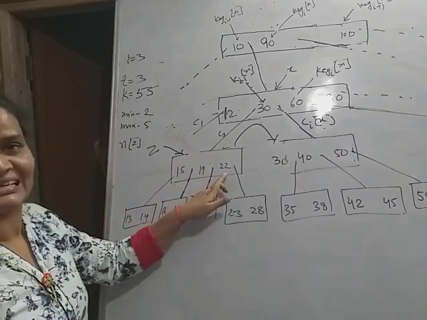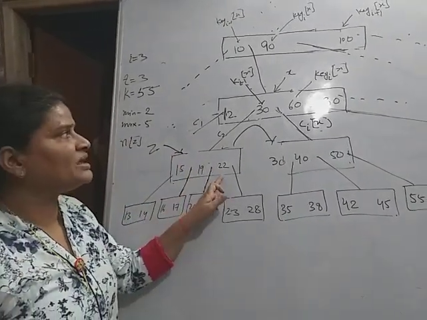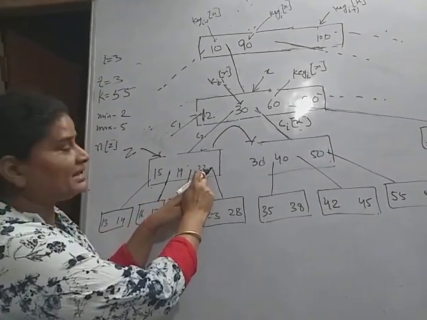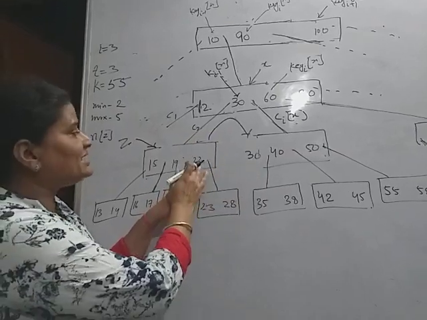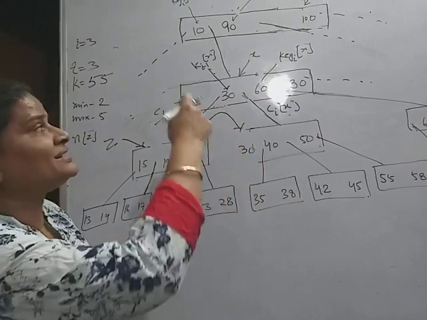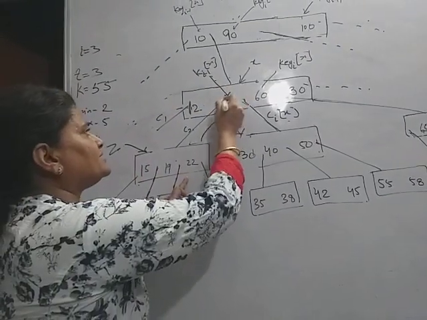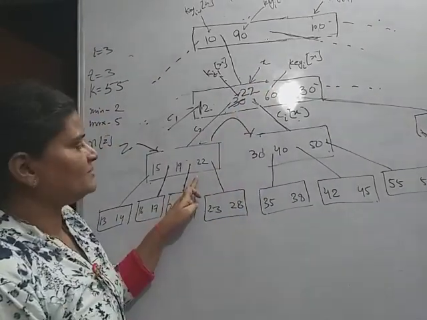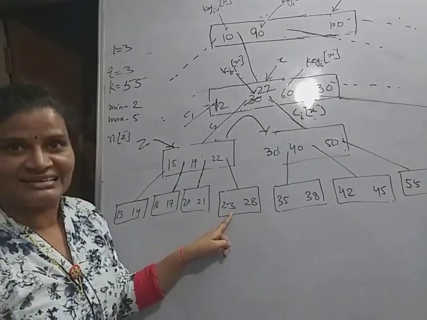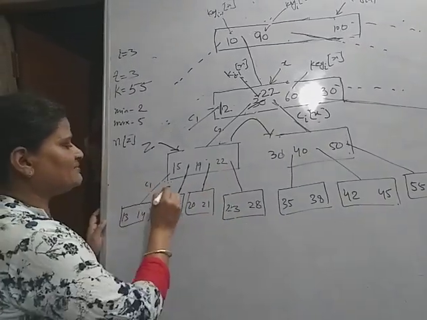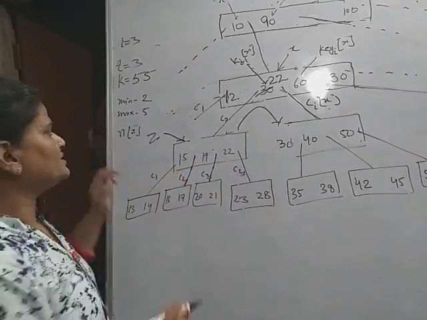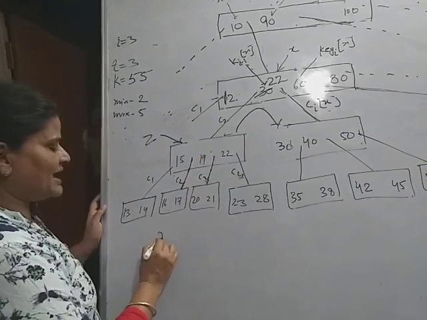So the n[z]th key of Z, the last key of Z, will move up to X and become the (i minus 1)th key of X. So here this is 22. Then the (n[z] plus 1)th child, that is the last child, C1, C2, C3, C4, and the number of keys in Z is 1, 2, 3, so the number of keys in Z is n[z].